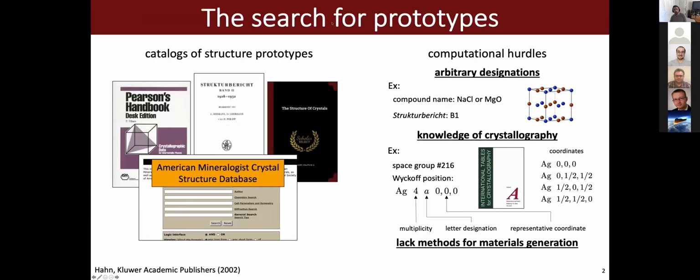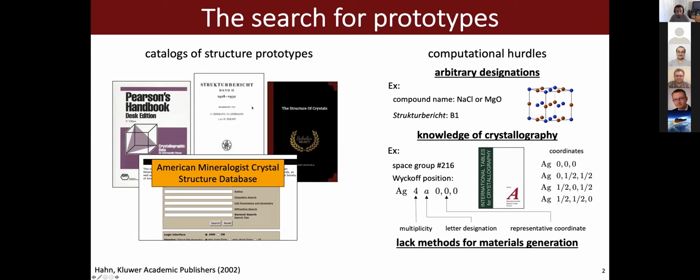Just a little bit of motivation behind this particular work. You may be familiar with some catalogs or resources in the community that provide structural prototypes. For example, there's the Pearson's Handbook, the Strukturbericht series. Forgive my pronunciation of German. I've tried for many years to pronounce it, but hopefully I'm close.